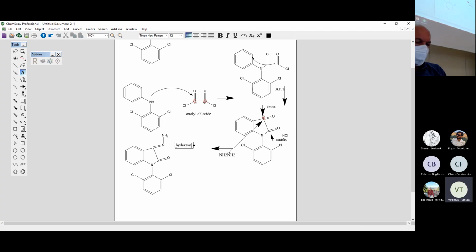After several steps, we have also a loss of the hydrazinic group as nitrogen.